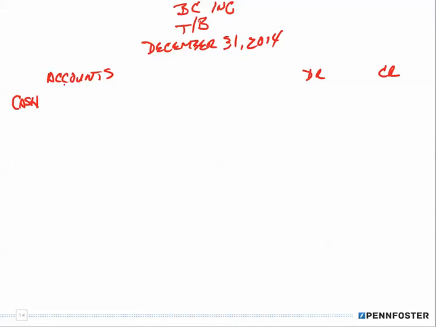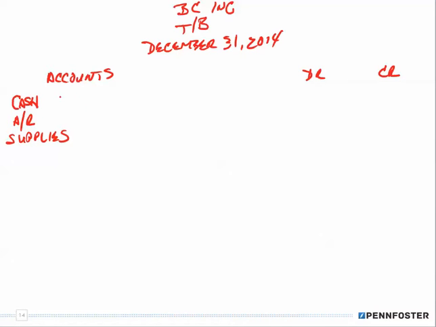So cash is the most liquid asset because it's already cash. You can't convert it. But then next would be our accounts receivable. Why? Because even though they're owed to you in 30 days, you can call up and say, hey, I need the money today, and they'll send it to you. So it's the next most liquid thing. We're going to have supplies, and supplies is inventory, and generally it takes longer to sell inventory than it does to collect cash for accounts receivable.